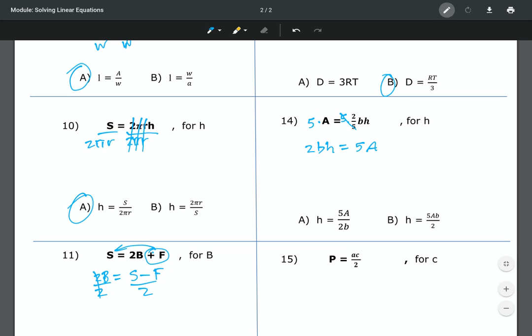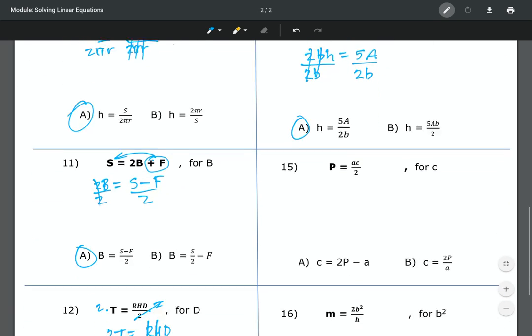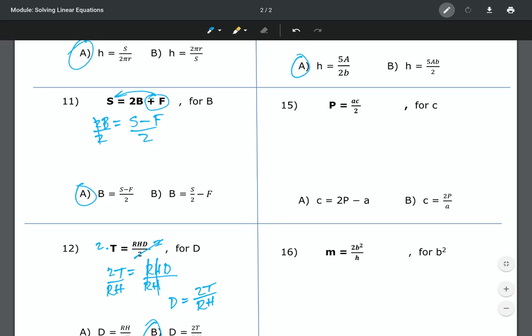So this is all multiplication over here on the left. If I want to solve for H, I have to leave H by itself. So the inverse of multiplication is division. I'm going to divide both sides by 2B. Cancels a 2, cancels a B. So there you have H is equal to 5A over 2B, which is answer choice A.